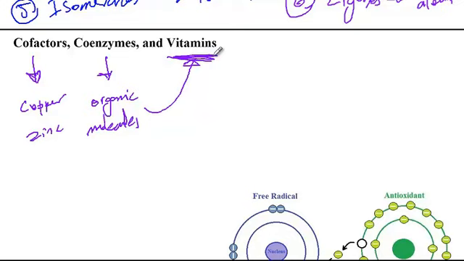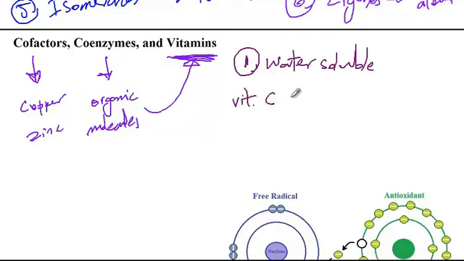All right, so these coenzymes can come in different forms. Number 1, there are water soluble vitamins, like for instance vitamin C, which has antioxidant properties, and we can have vitamin B complexes, which are required for carrying out many different reactions.